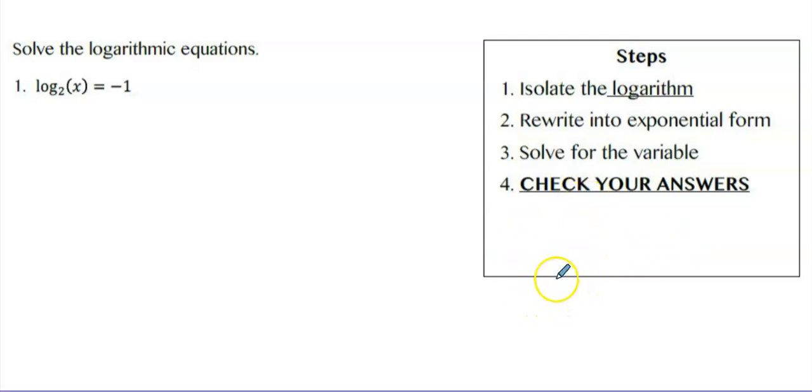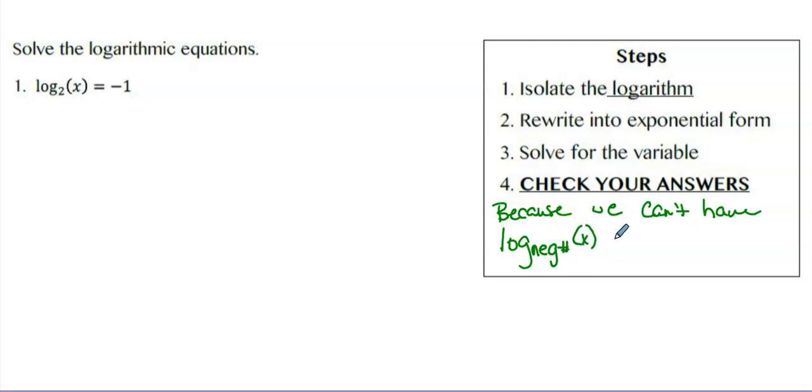The reason is that we can't have log and then a negative base, or log and a negative number here. Can't have either one of those situations. You will get an error if you get one of those. So we're going to check all of our answers in this section.